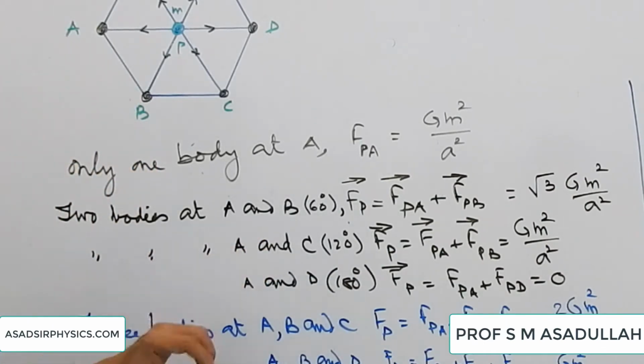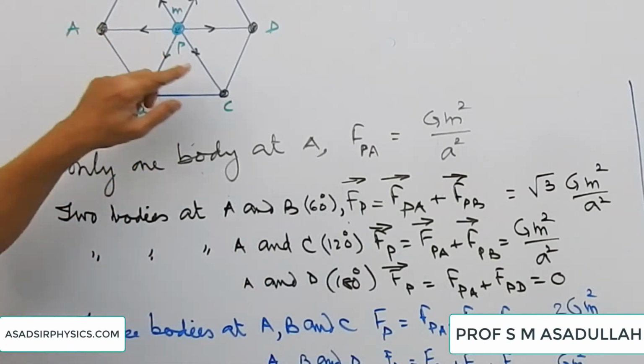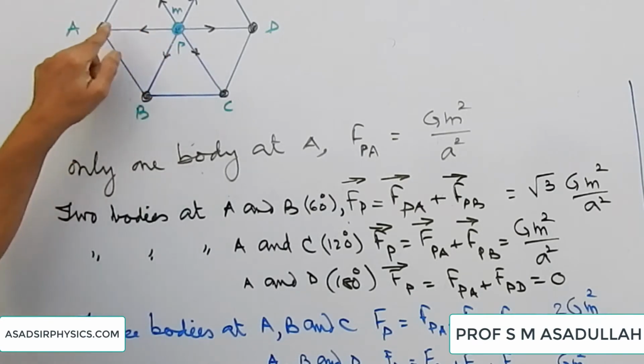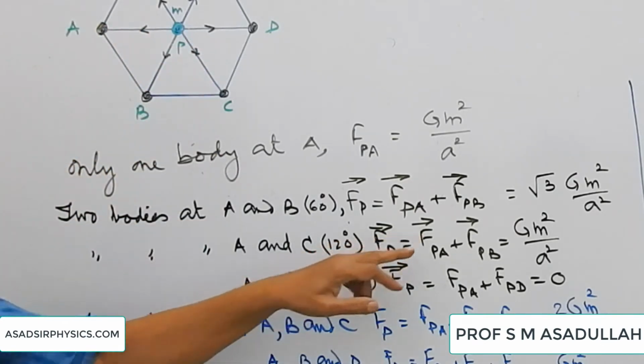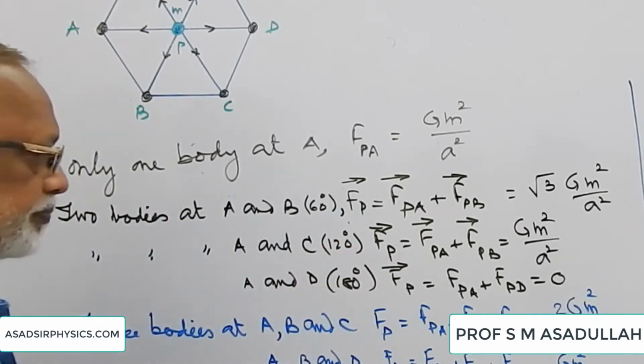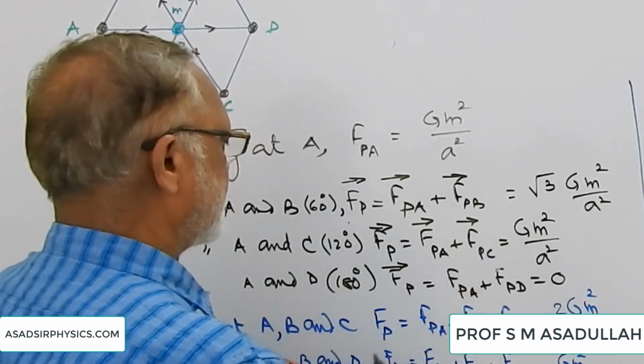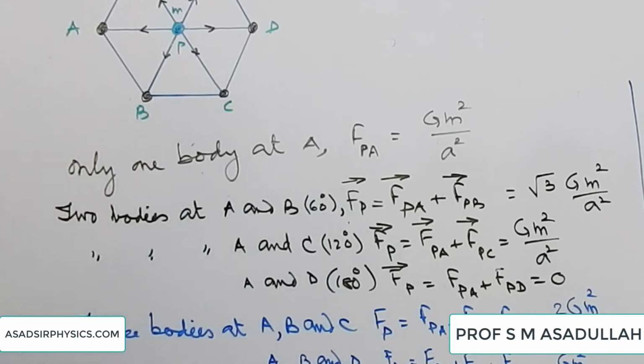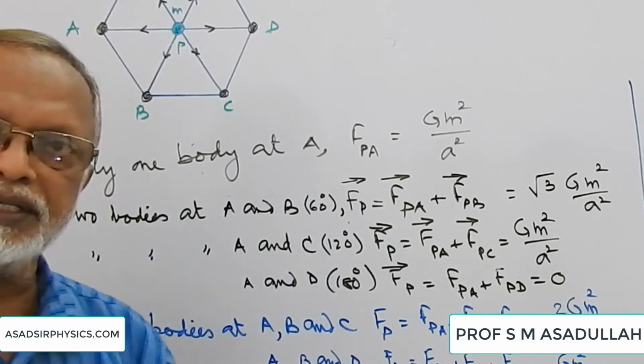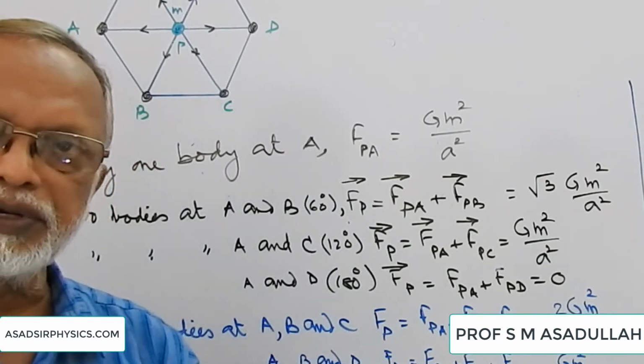Now, the same two bodies are kept at alternate corners A and C. So there are two forces, FPA and FPC, and they are making 120 degrees. Whenever two equal forces act at 120 degrees, we know that the resultant is equal to one of them.